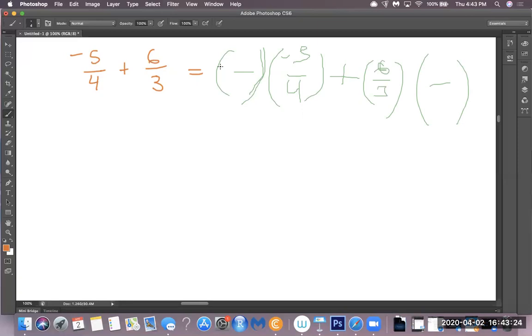Very good. Yes. Excellent. So 3 times -5 would be -15. Why is that? Because a negative times a positive is a negative. Perfect. Keep going.